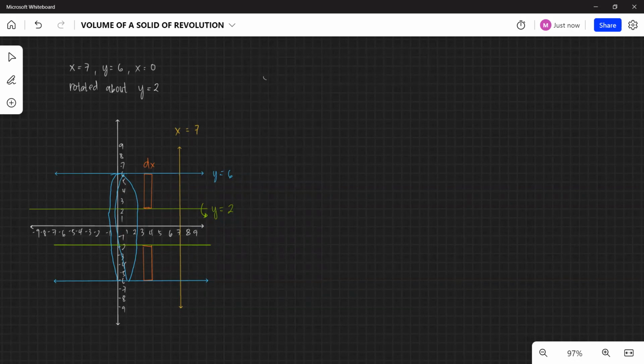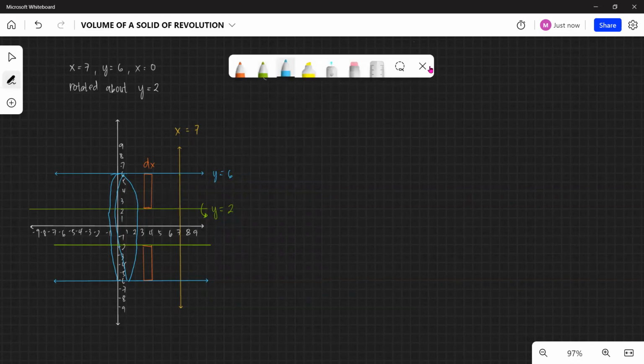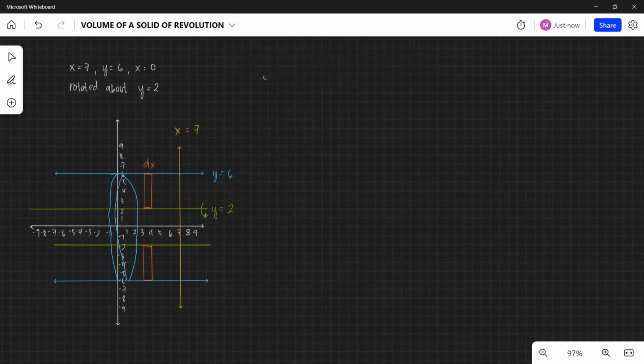Okay, so we have another strip here with thickness dx.